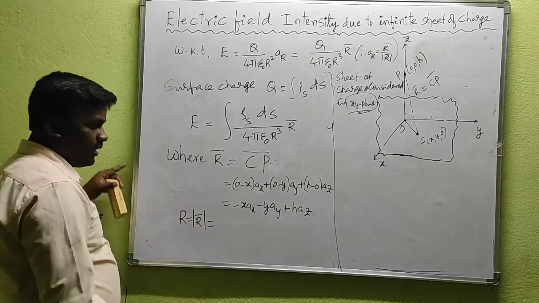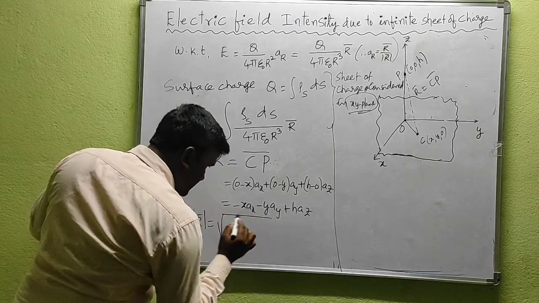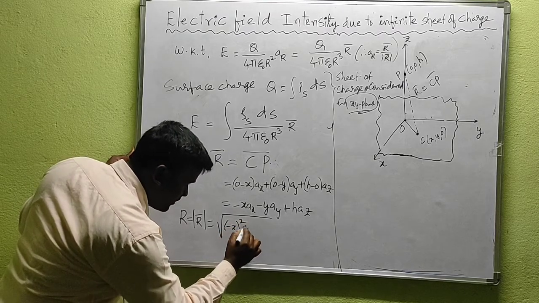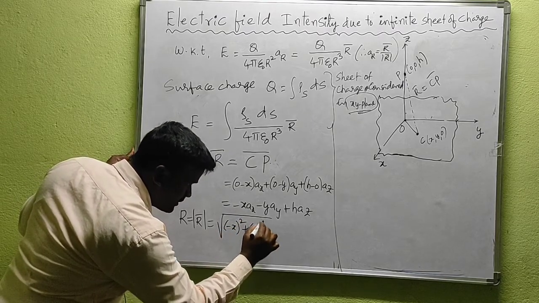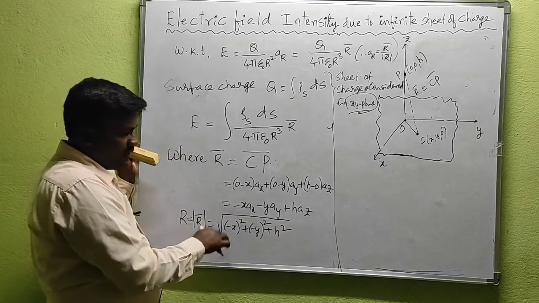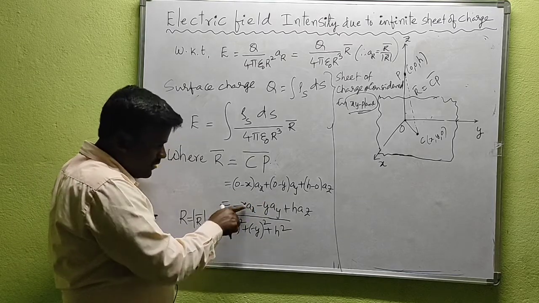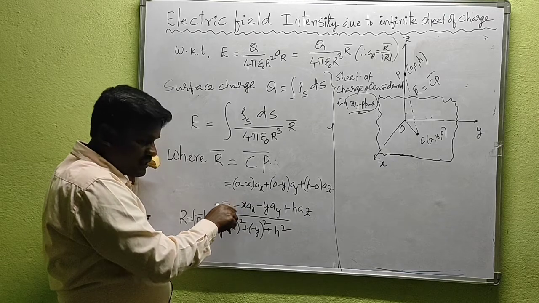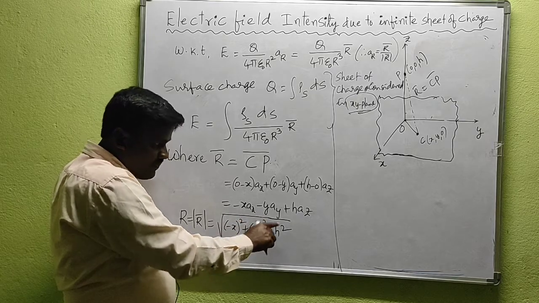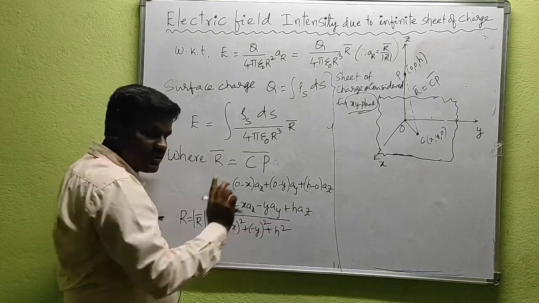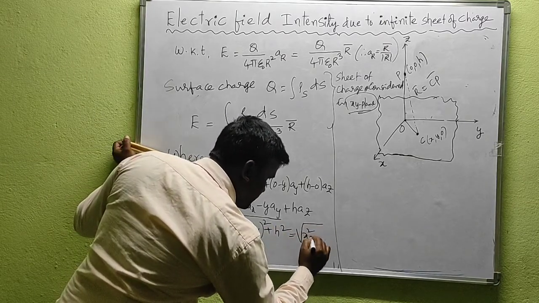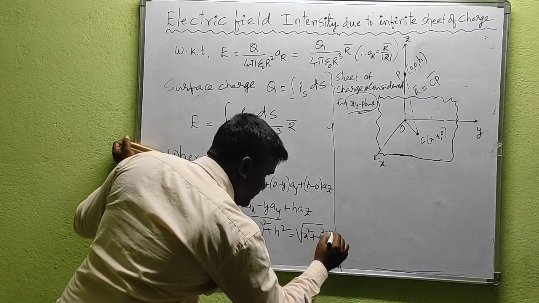The magnitude of any vector is the square root of the first component squared, that is minus x whole square, plus the second component squared, minus y whole square, plus the third component squared, that is h square. From this we have the square root of x square plus y square plus h square.